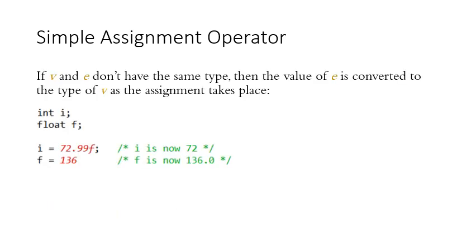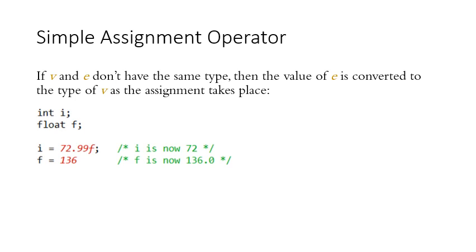In many programming languages, assignment is a statement. In C, assignment is just an operator like your addition operator. In other words, the act of assignment produces a result, just as adding two numbers produces a result. So the value of an assignment V equals 3 is the value of V after the assignment.